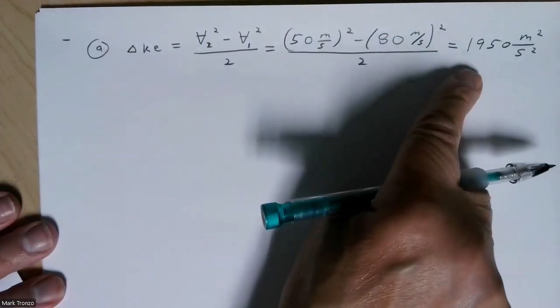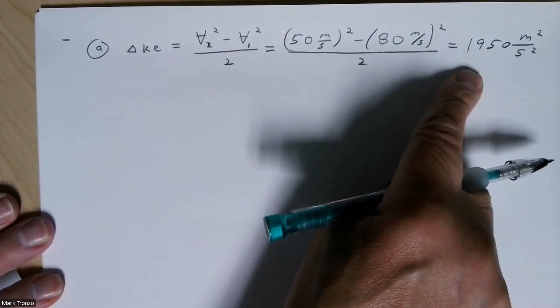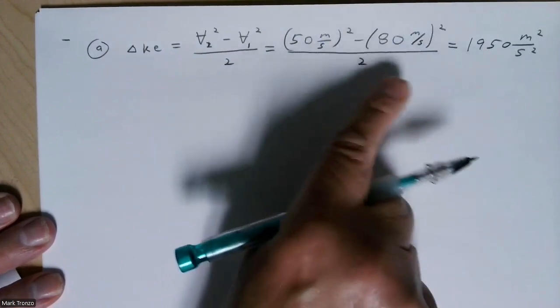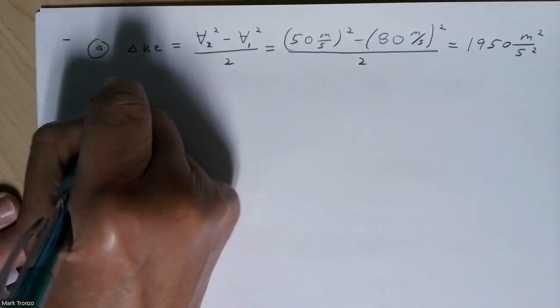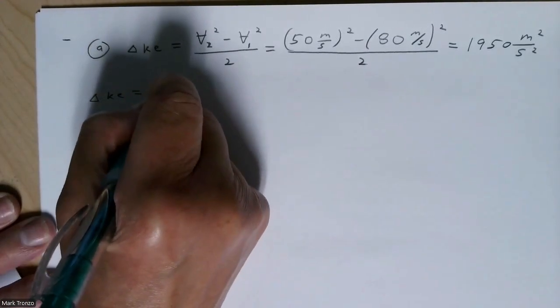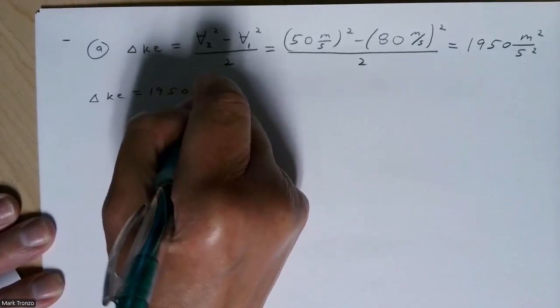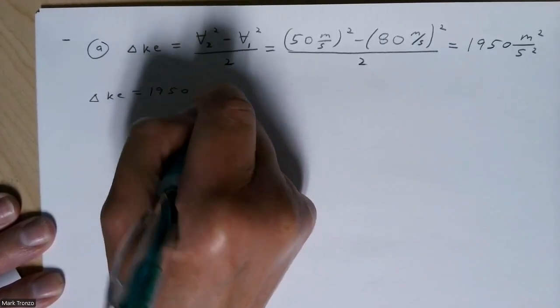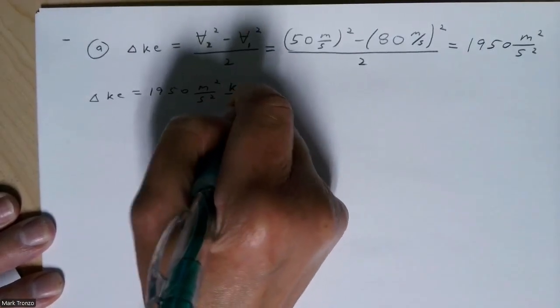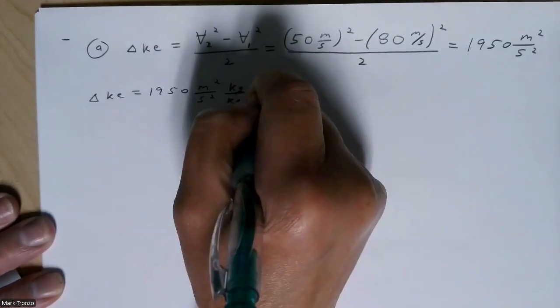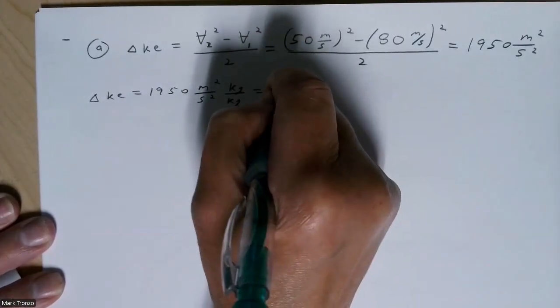Now, we would eventually like to get this into kilojoules per kilogram. So notice that, let me just write this here, 1950. If we multiply this by kilograms over kilograms, then we can separate this out.